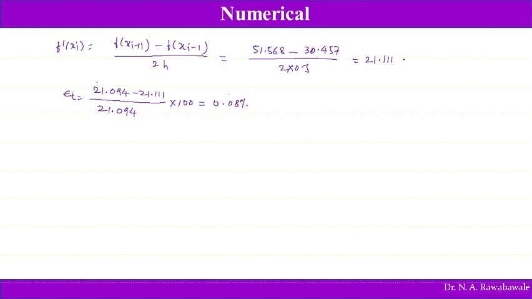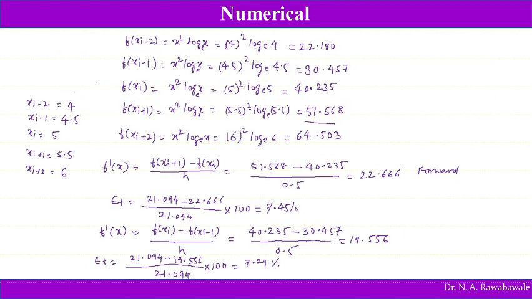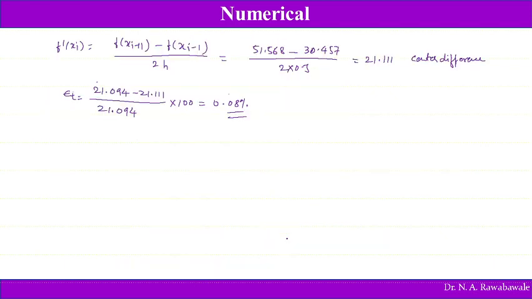This is the center difference formula. If we use the center difference formula, the error is minimum. In the previous case we can see there was 7.29%, whereas with the center divided difference formula there was 0.08%.